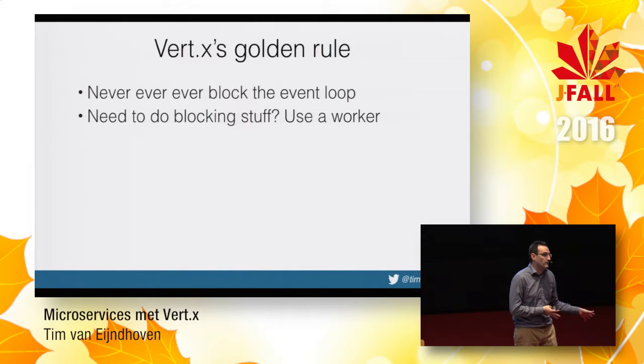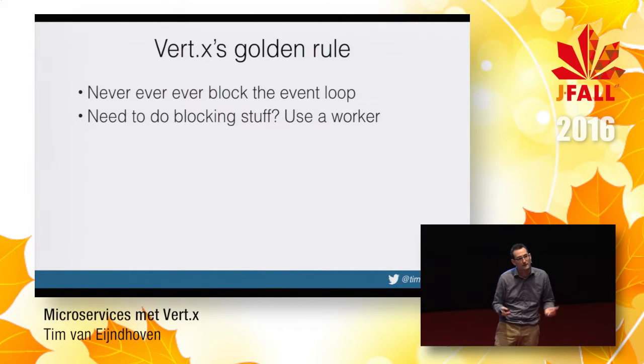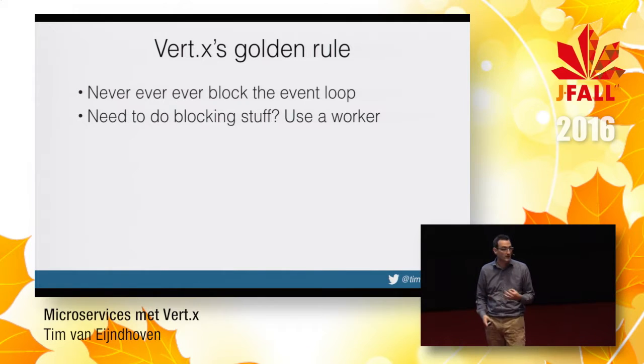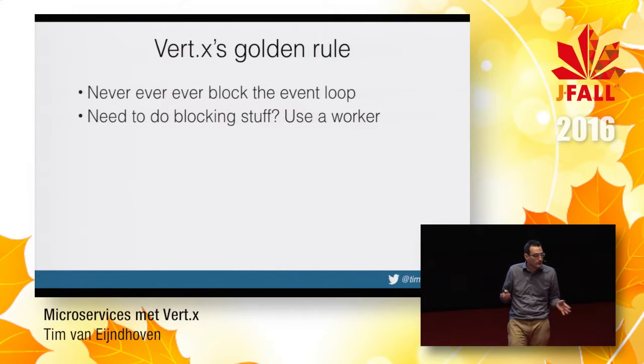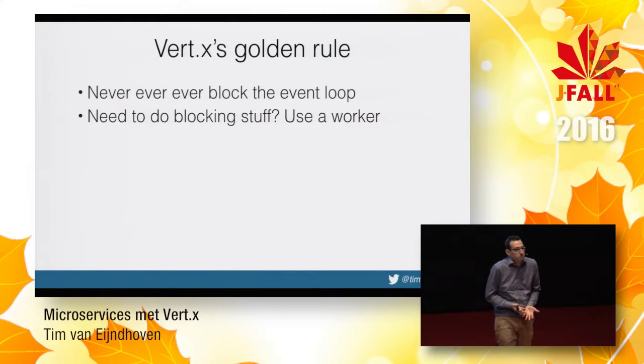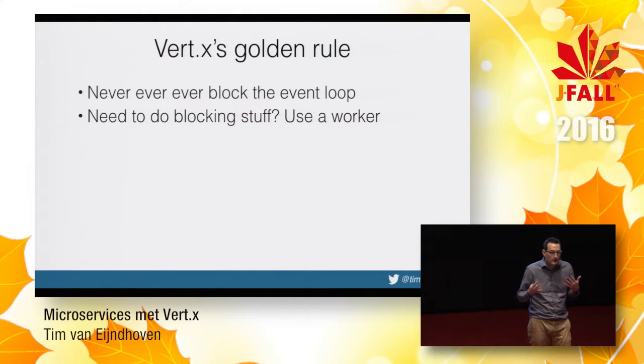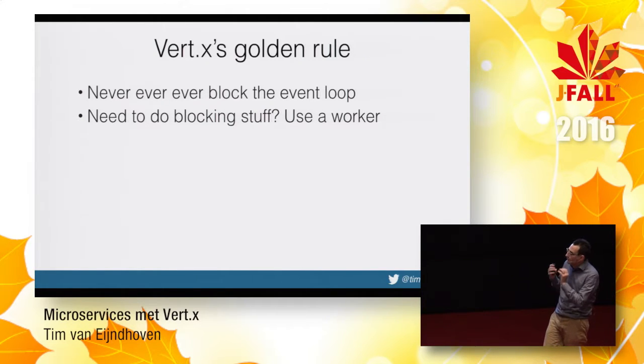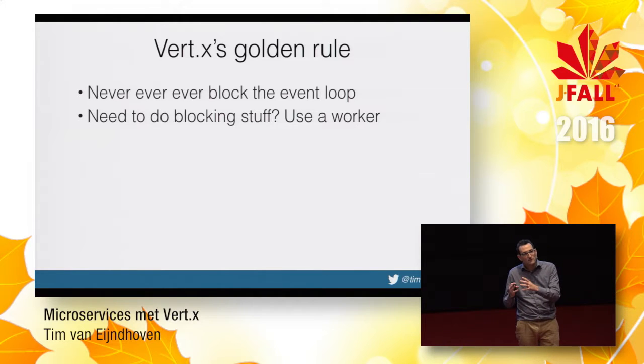You can do blocking stuff though. It's not that everything has to be asynchronous, because sometimes the libraries or the APIs that you use are synchronous. I mean, like a JDBC driver, it's inherently synchronous. So what you can do then is wrap the calls that you do to the JDBC driver into a worker vertical.